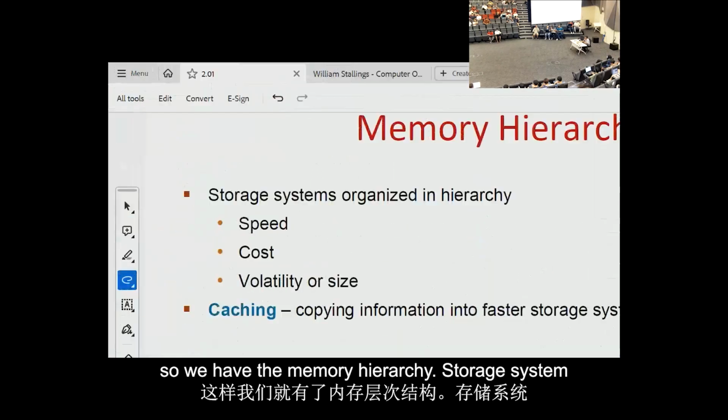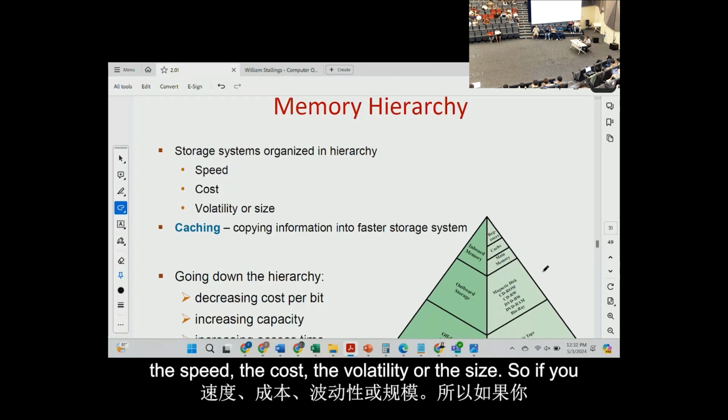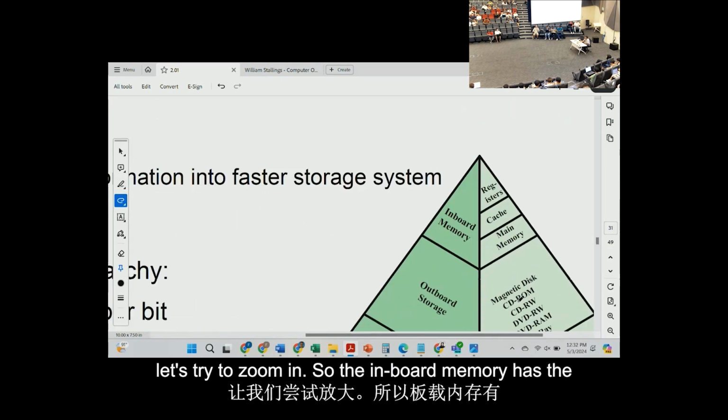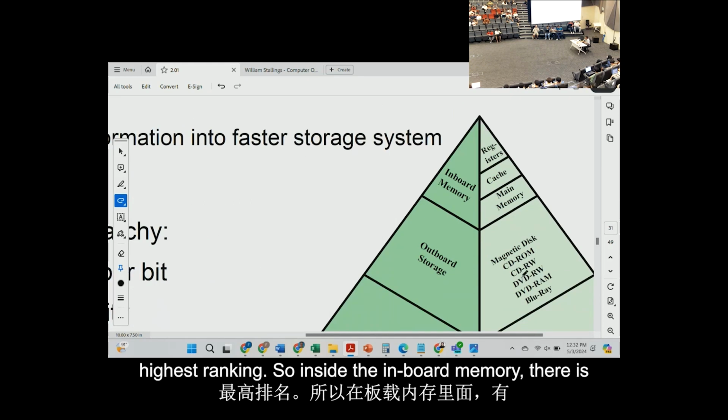Okay, so we have the memory hierarchy. Storage system organized in hierarchy. So we will look at it in terms of the speed, the cost, the volatility, or the size. If you look at this pyramid, let's try to zoom in. The in-board memory has the highest ranking.